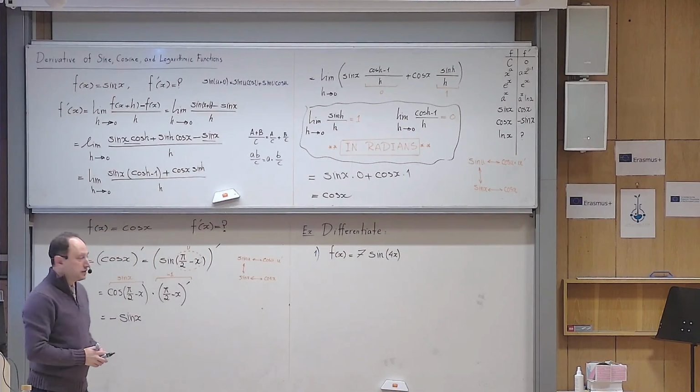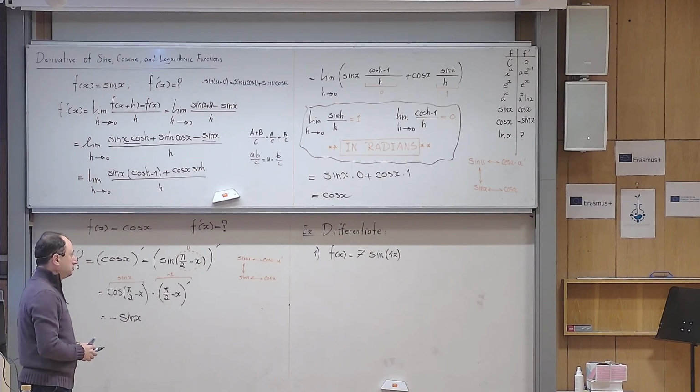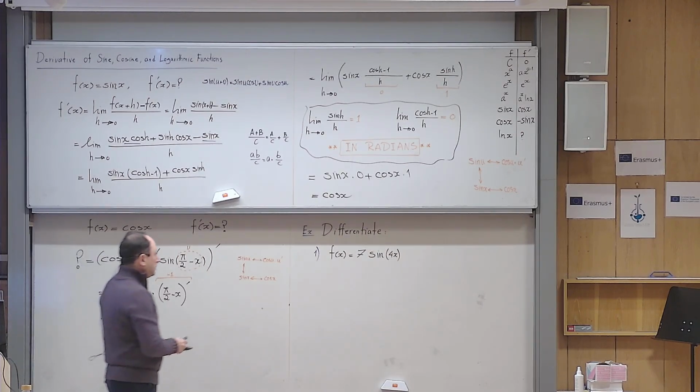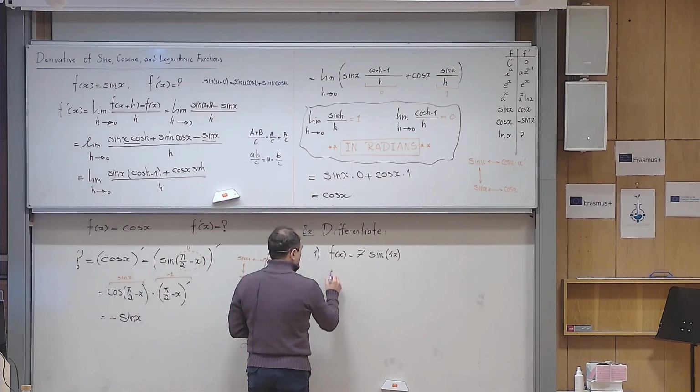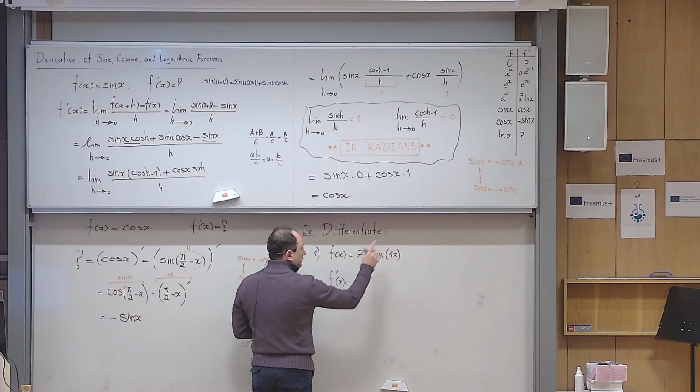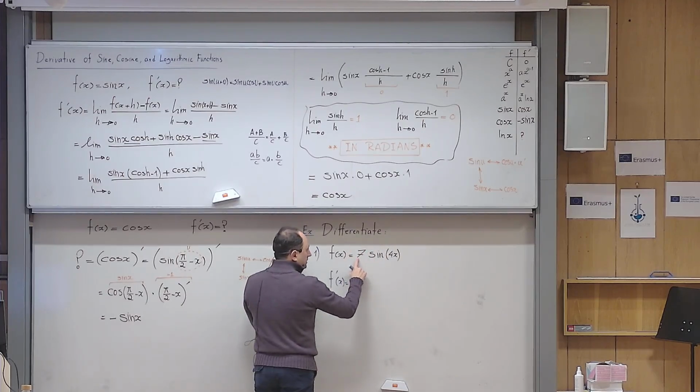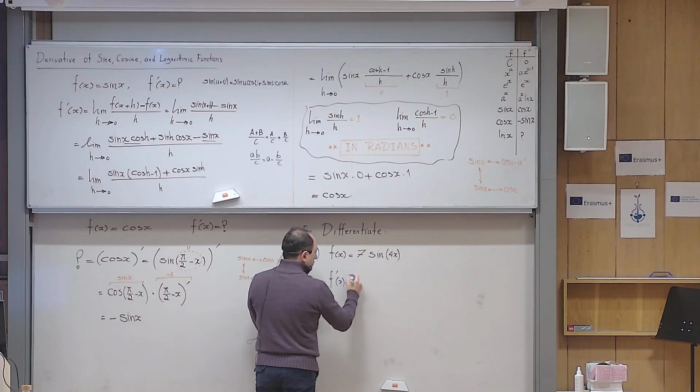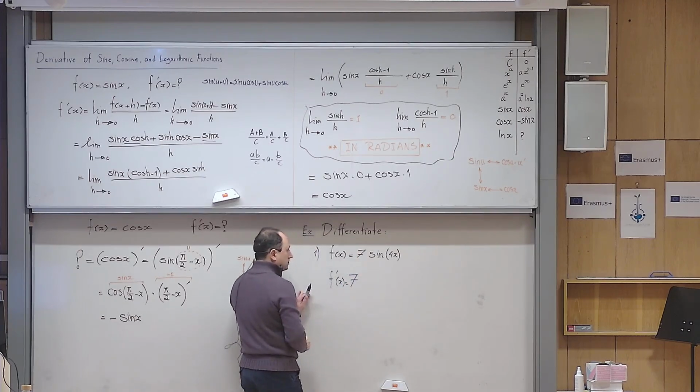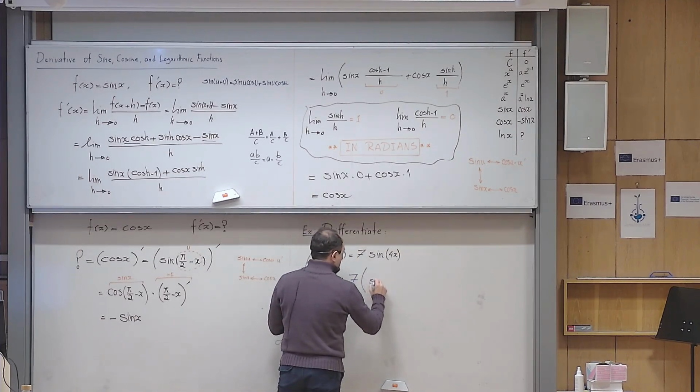So I want to differentiate this function. What should I do? I take the derivative. I already know this rule: it's a multiplicative constant, so I don't do anything with the multiplicative constant. I concentrate on taking the derivative of sine 4x.